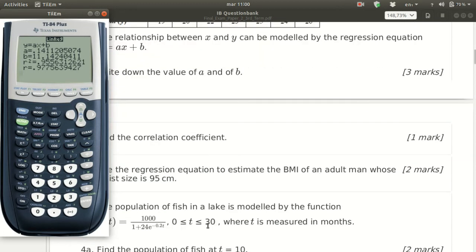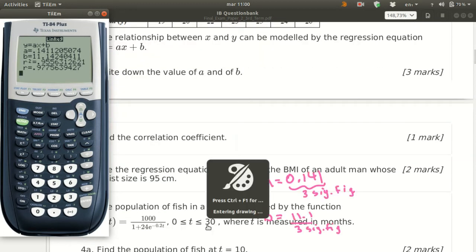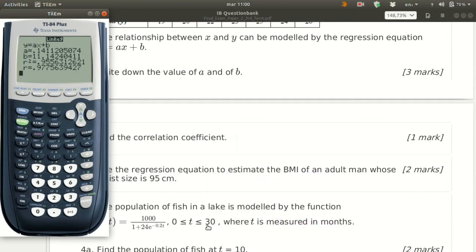Part B is find a correlation coefficient. This part was interesting because some people did the slope and found the y-intercept, and then for the correlation coefficient, they actually got the right answer. But if you had the right answer for this, the A and B were right here. I don't understand what might have happened.